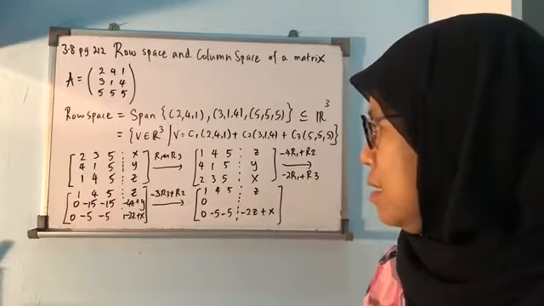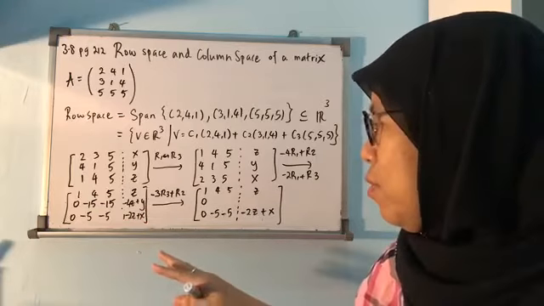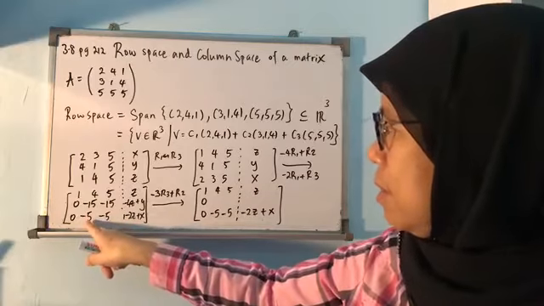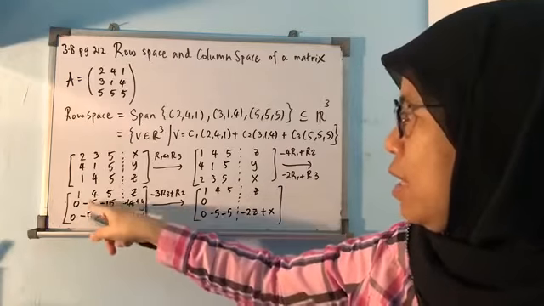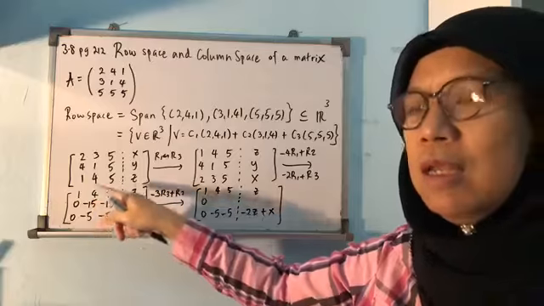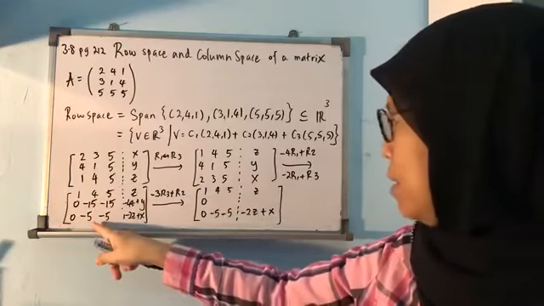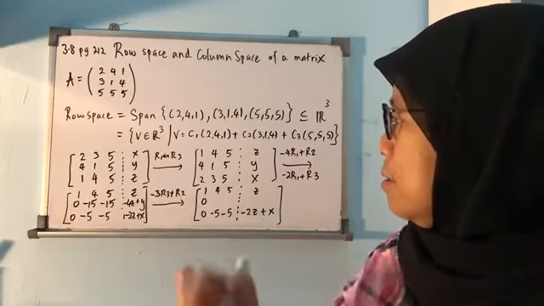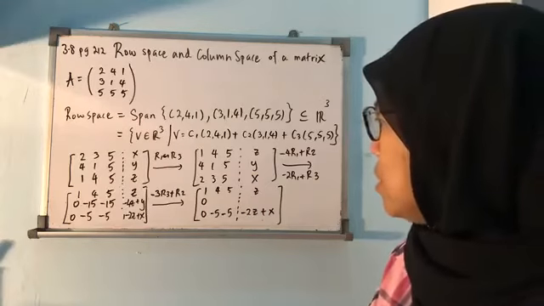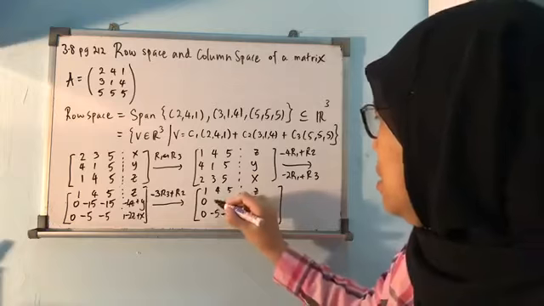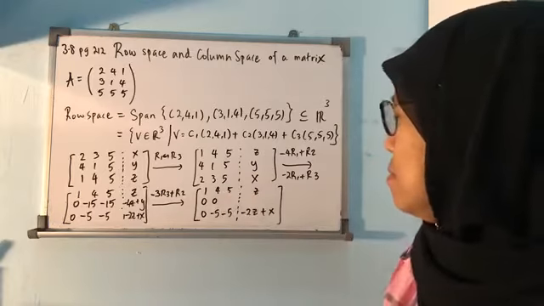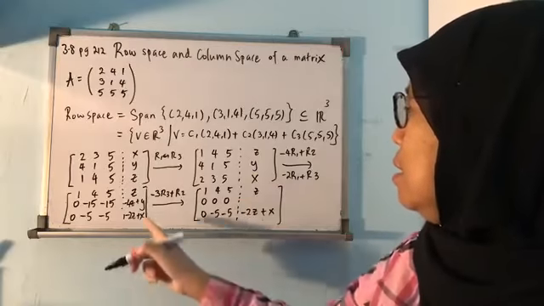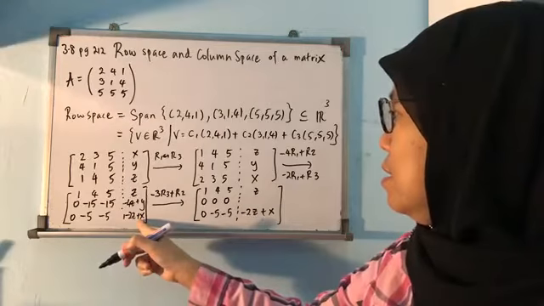The reason is because I don't want any fraction before. When I multiply by negative 3, which is 15, when you add, this becomes 0. And then later on I can make this 1 by switching. Okay, negative 3 and add, negative 3 and add.